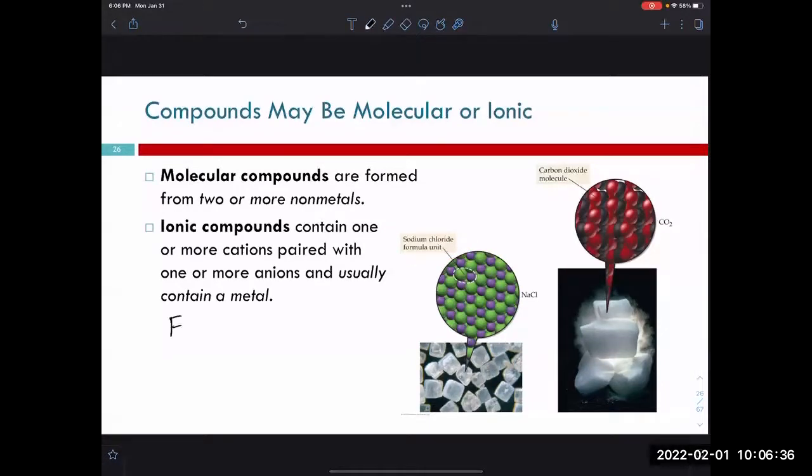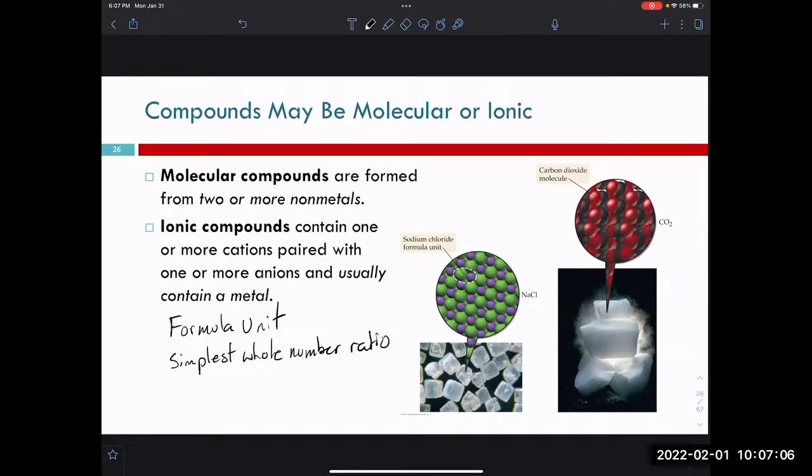So a formula unit, I think a casual definition is it's the simplest whole number ratio. So salt is like a matrix.